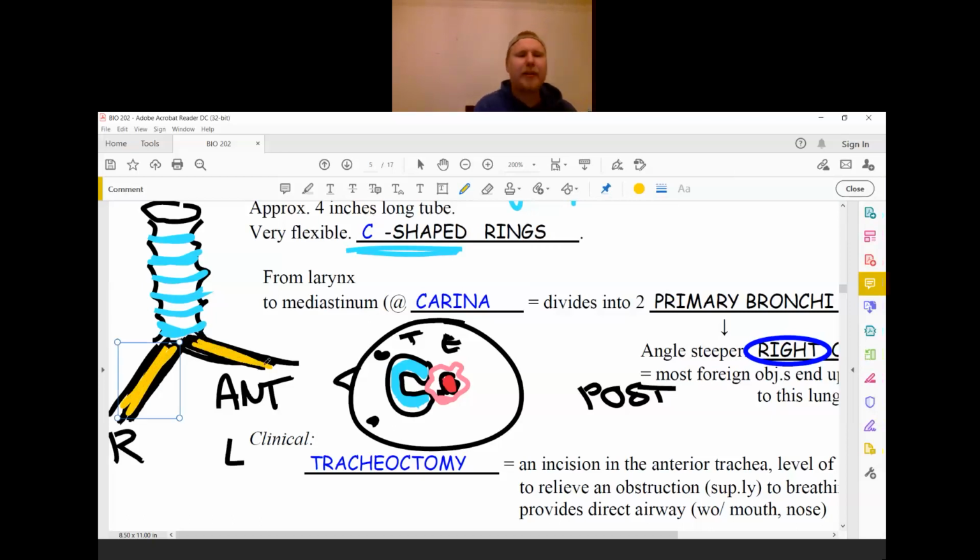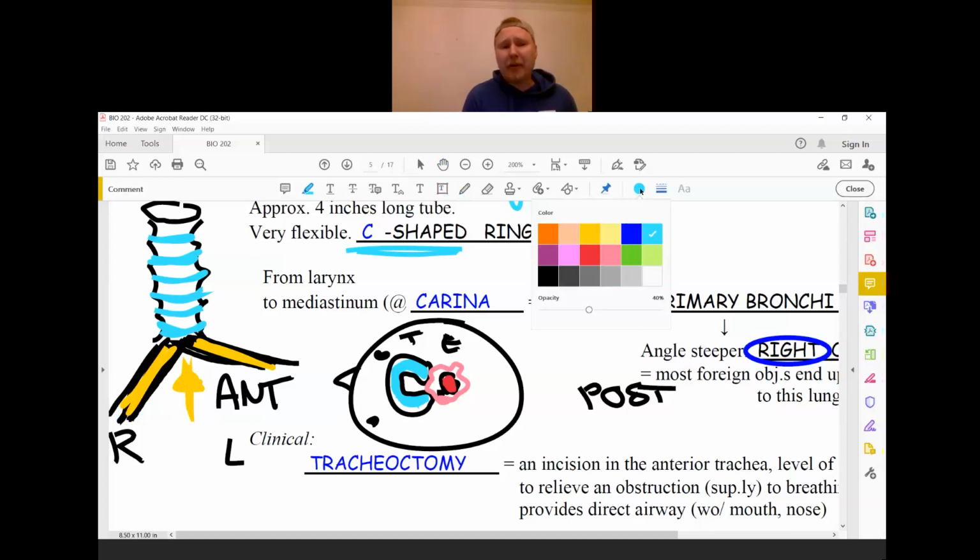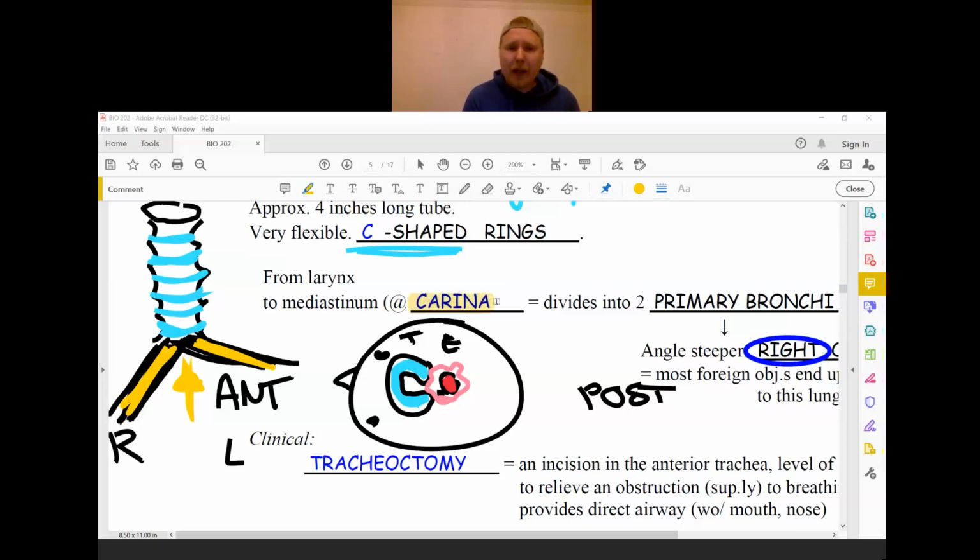And this point where they divide into two at the end of the trachea is known as the carina. That might be an important landmark. For example, if you put a camera down someone's throat, that would be a good point to be familiar with. It does look like a triangular or pyramid top.